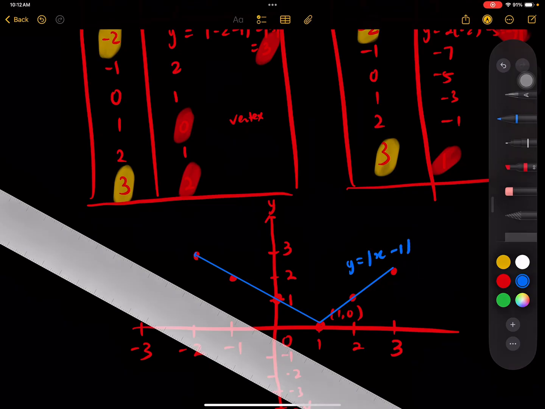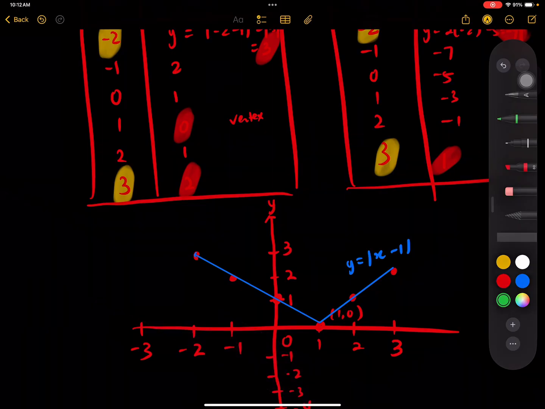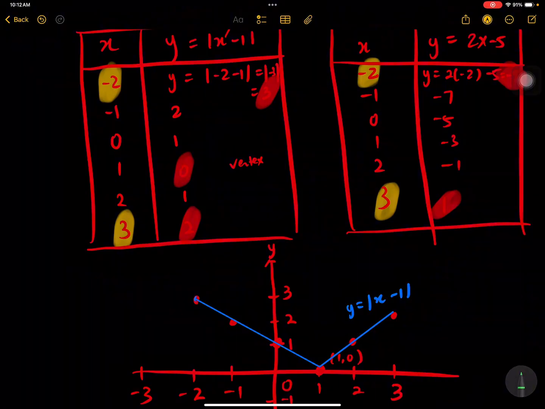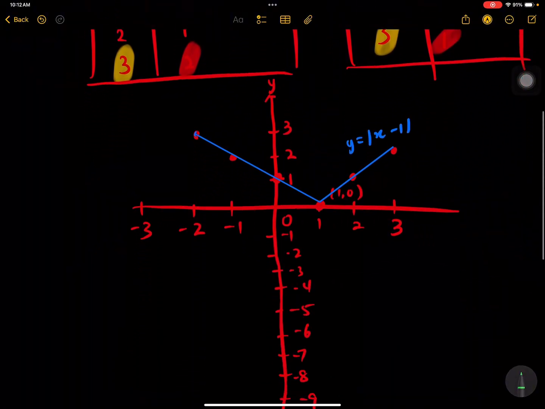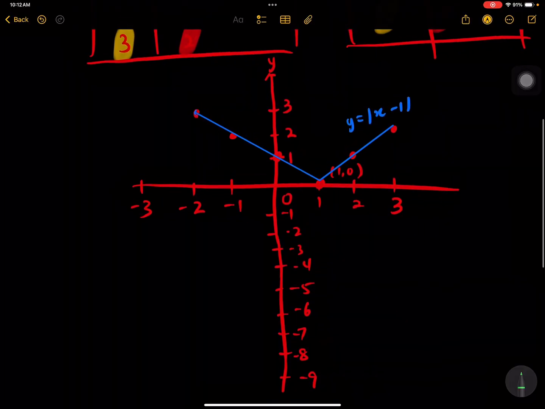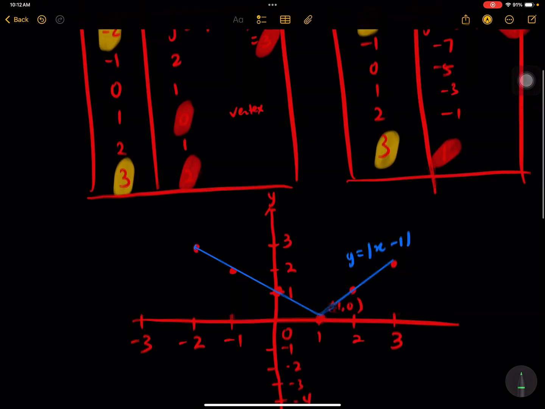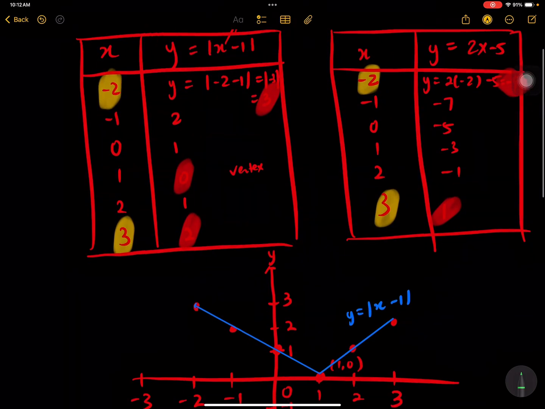Okay, next, second plot is for the second graph, which is the linear graph. So -2, -9 will be here. On -1, -7.